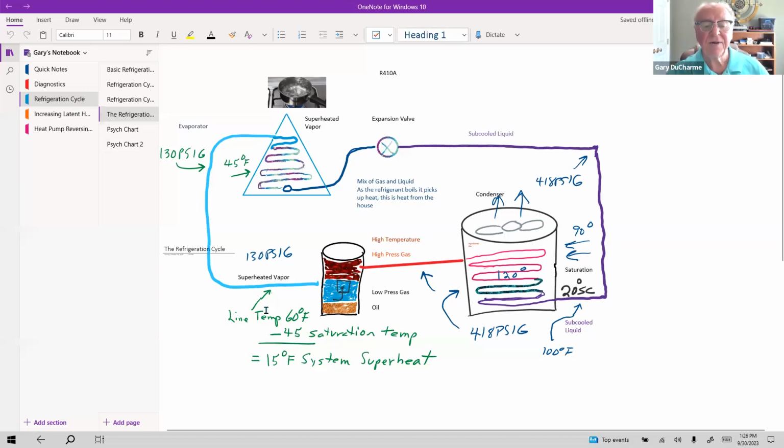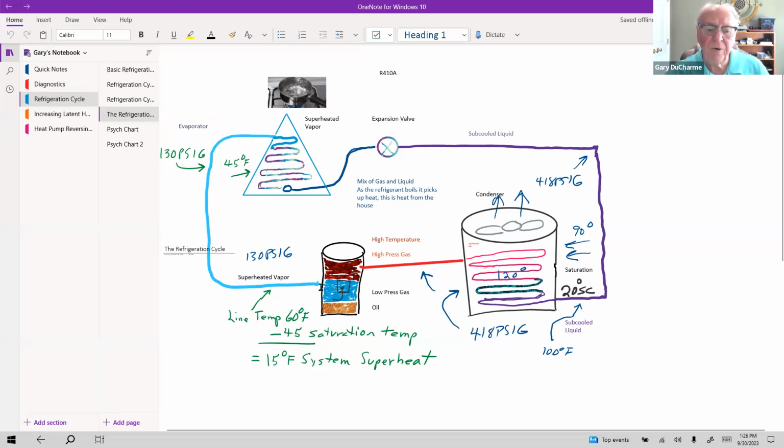Okay. Now, this is something it may take a while to really understand. So we're going to keep on going through here. We come into the compressor. The compressor, which again is typically in the condenser, has oil on the bottom of it. That oil is brought up and it lubricates the pistons and everything inside of the compressor, let's say this is a hermetic compressor, hermetically sealed.